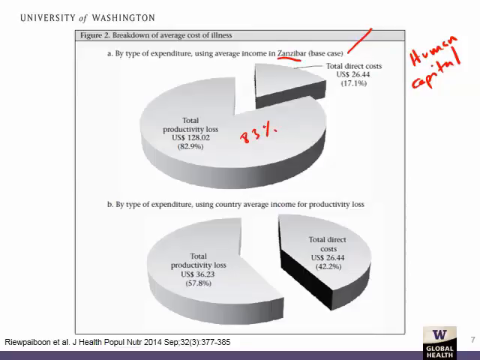But when they did a sensitivity analysis and they used average country income, Tanzania is composed of the mainland plus Zanzibar. So when they used the income of Tanzania as a whole, then the percentage of productivity loss went to about 58%. And this is likely, although I'm not sure, because the income in Zanzibar, or the GDP of Zanzibar, is higher than the income for the whole country combined.